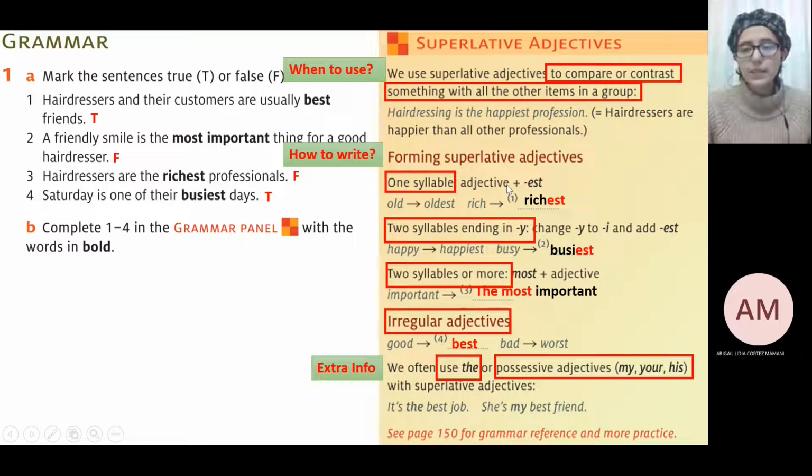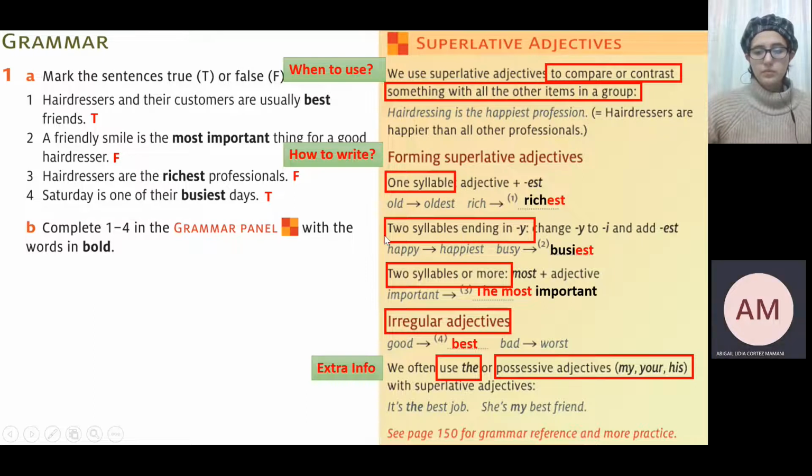We're going to say plus. Okay, perfect. So here we have old, oldest, right? Adjetivo de una sílaba, old. So we just add est. Rich, richest. What about the next?